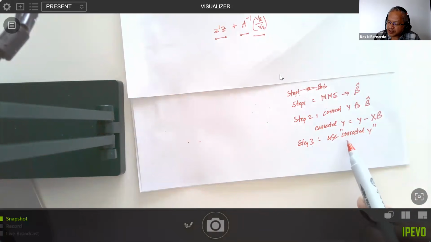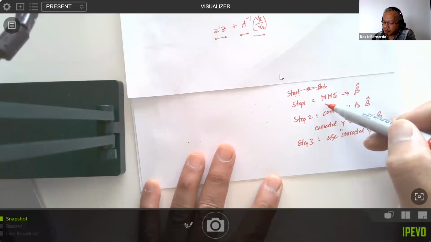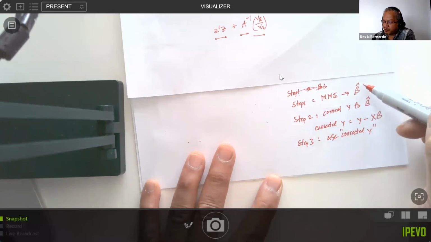You'll notice that I'm not saying these are blues, so I'm not pretending that genotypes are fixed, and then later, oh, no, I just pretended they're fixed, now they're random. No, I'm not doing that, because I'm doing my full mixed model with fixed and random effects for genotypes, okay?